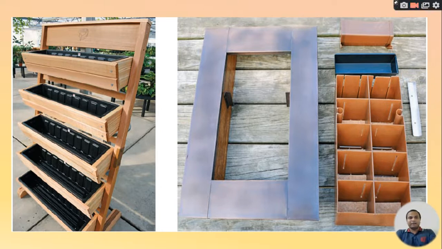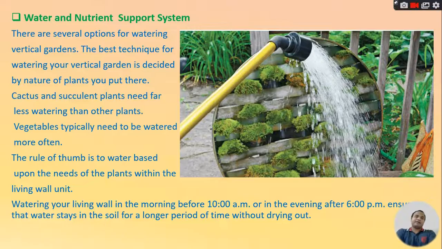These specific systems can be used along with the wall so that they don't look different from the wall, but are seen as an integrated part of the walls. They will cover the wall fully, and hence we will get a very beautiful vertical wall or vertical garden. Now we talk about the water and nutrient support system.